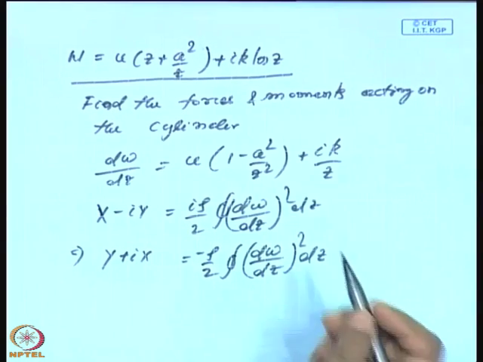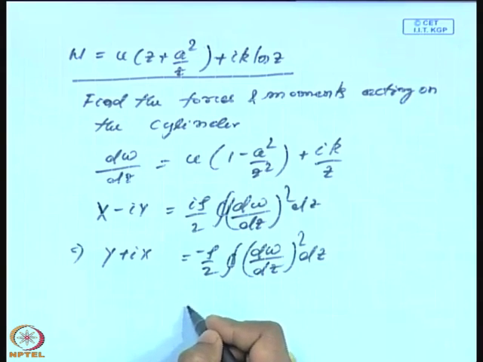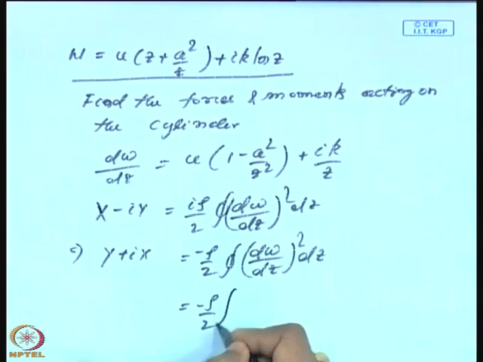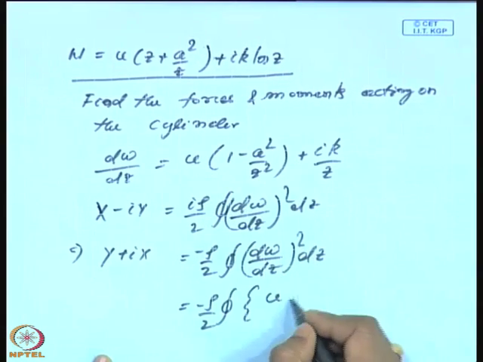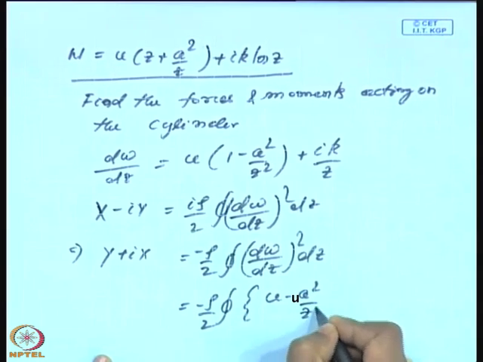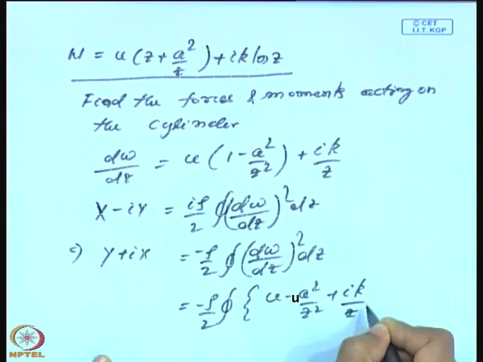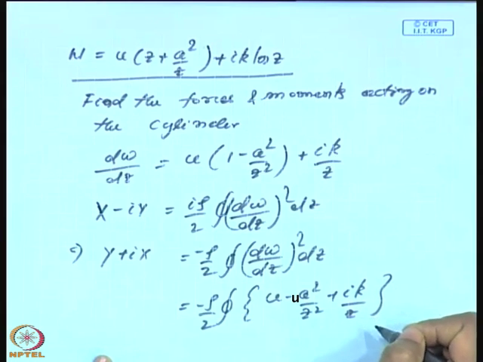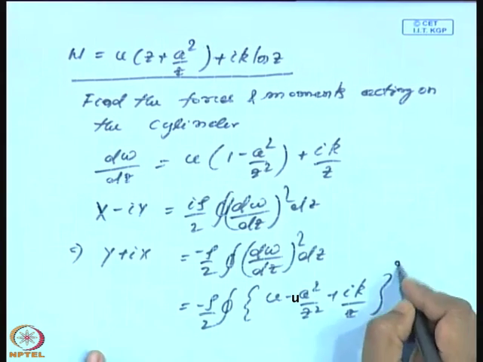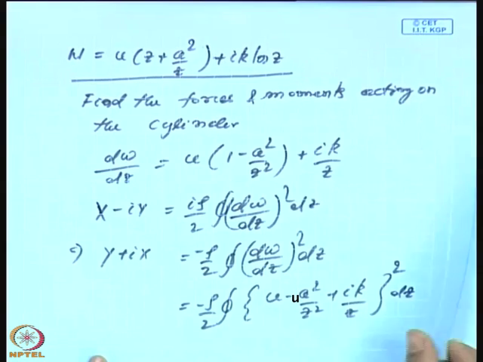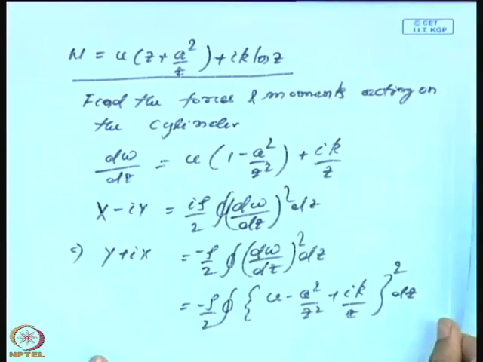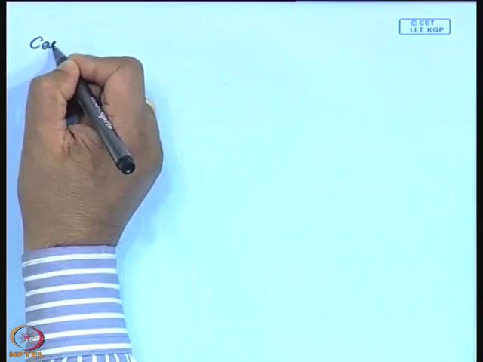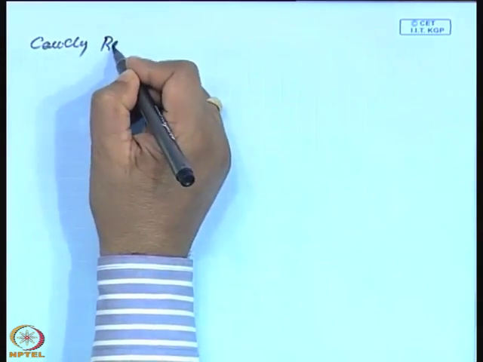So if I expand this, dW by dz is U (1 minus a squared by z squared) plus ik by z, all squared, dz. This is a closed circle, so I apply the Cauchy residue theorem.